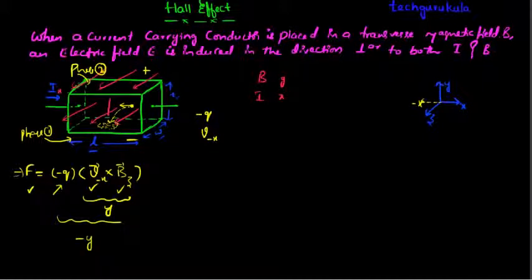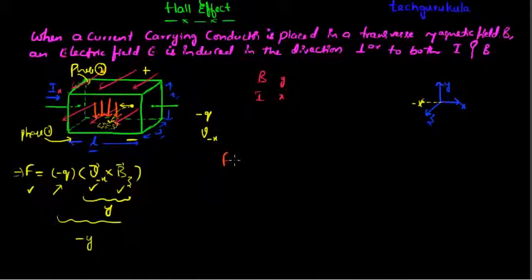Let me take a different color. Let's take orange. The electric field will be in this direction, which is in minus y direction because of this potential buildup. Now if we observe carefully, this electric field is in minus y direction. Now electric field will apply some force on these electrons.